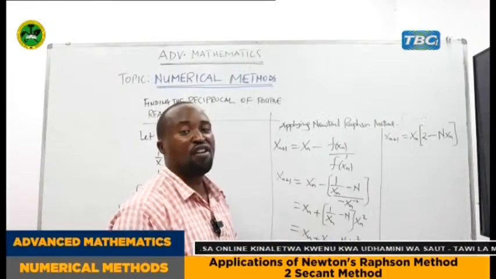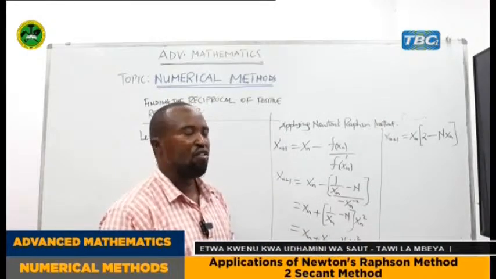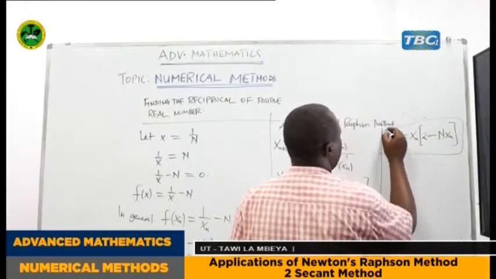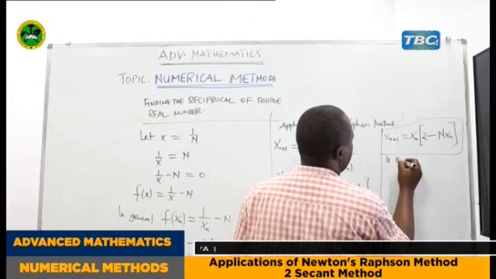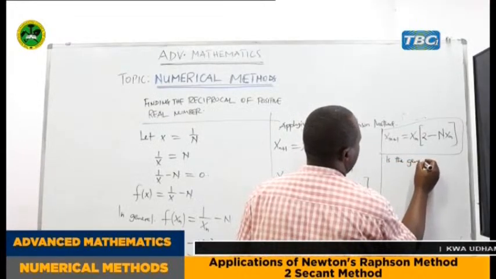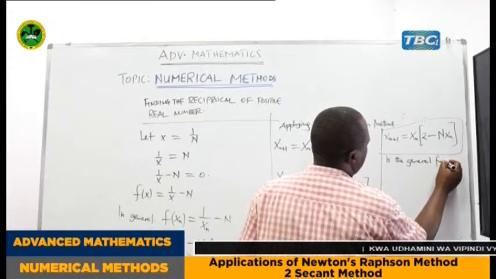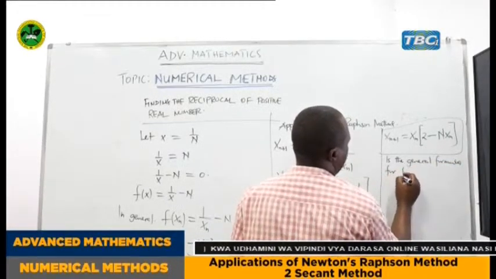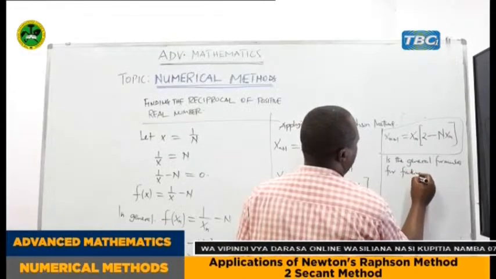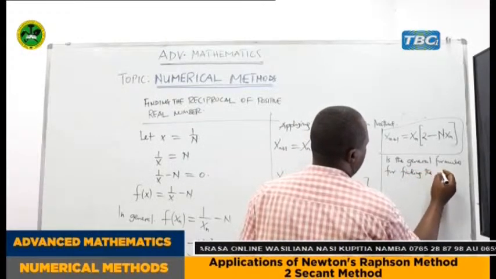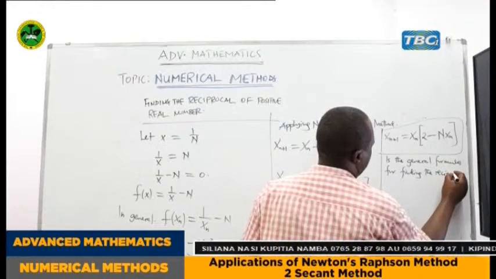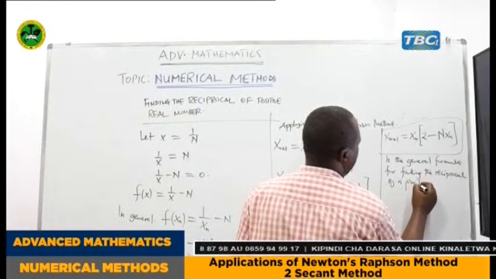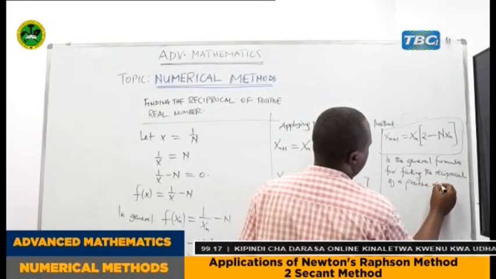Now this is the general formula for finding the reciprocal of a positive real number.